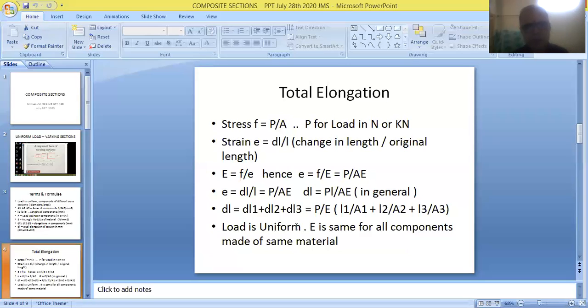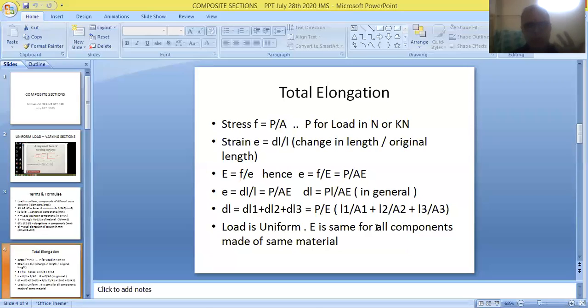So load is uniform, it is coming out of the bracket. Young's modulus is also uniform, it is coming out of the bracket. It is written as P by E into L1 by A1 plus L2 by A2 plus L3 by A3.